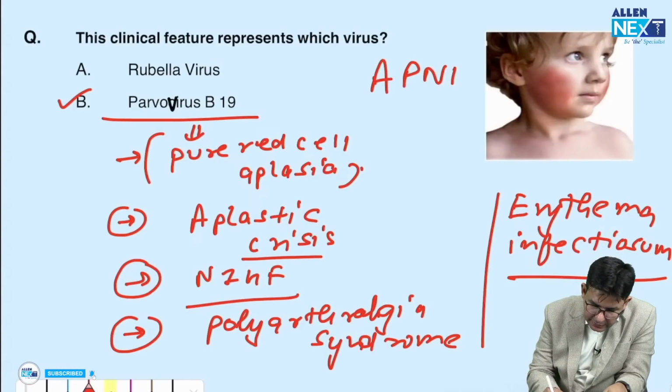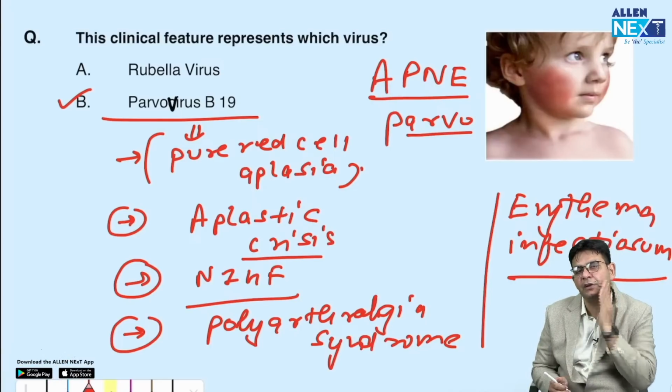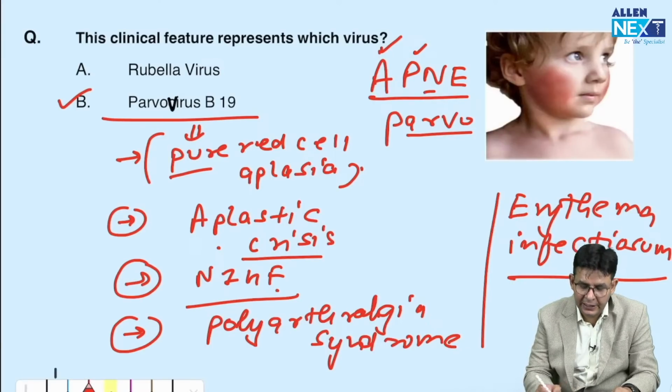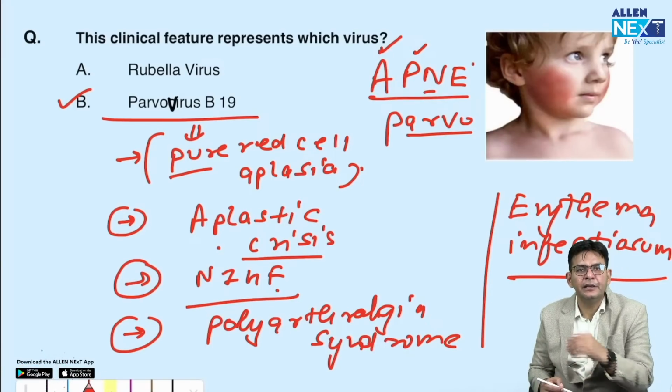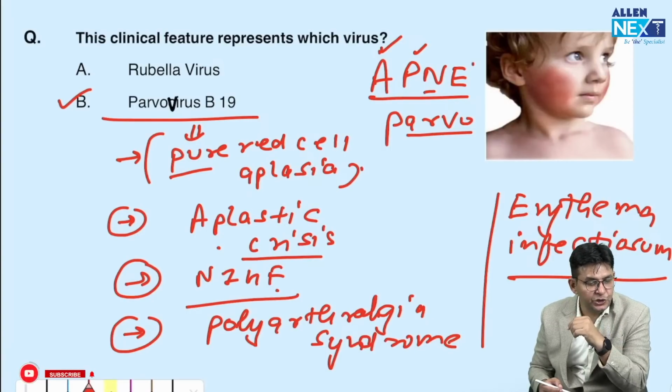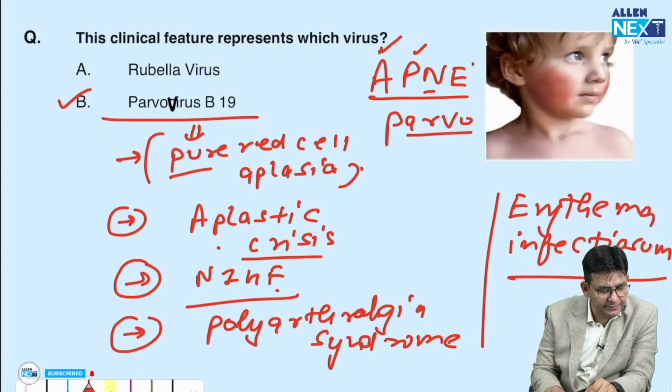Remember like this: APNE, what happened? Paraye, after a slap. Okay, and what is this A? A is aplastic crisis, P is polyarthralgia and pure red cell aplasia, N is NIHF, non-immune hydrops fetalis, E is erythema infectiosum. Okay, so these are the important ones which you should know before going into the exam.